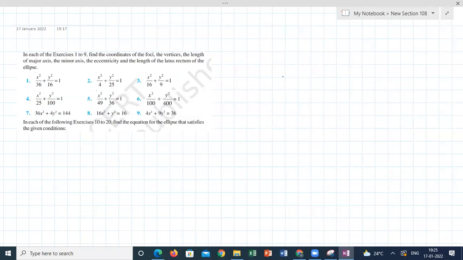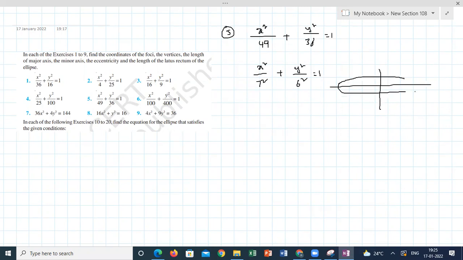Anyone who is going to explain the fifth question with the help of the previous questions? X square by 49 plus y square by 36 is equal to 1. This can be written as x square by 7 square plus y square by 6 square is equal to 1. So the ellipse is like this: A, B, C, D, F1, F2.